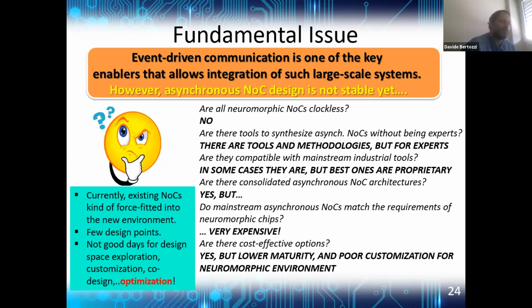There is not so much customization effort. There is an attempt to reuse things as they are. When we couple this with the poor availability of asynchronous NoCs, because they are not available for the research community at large, they are not easy to design, the key takeaway is that today we have only few design points around. We have only few neuromorphic systems around.